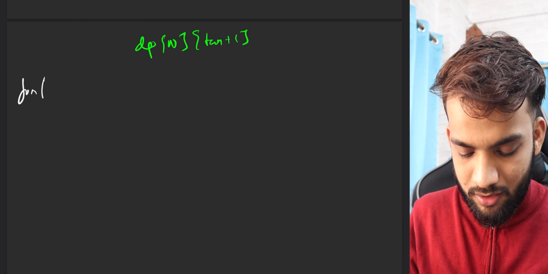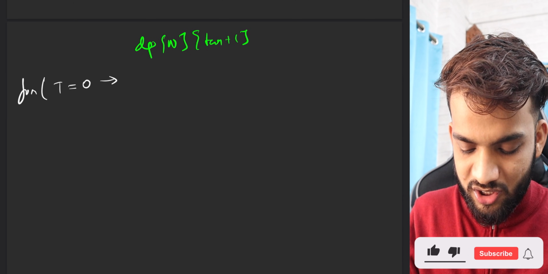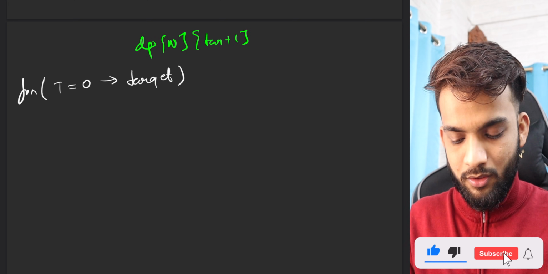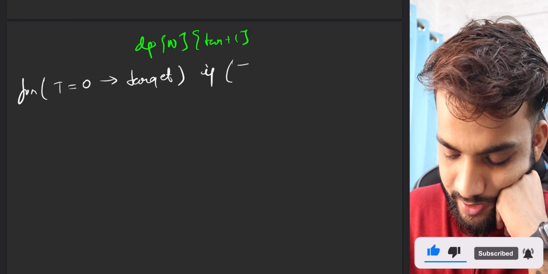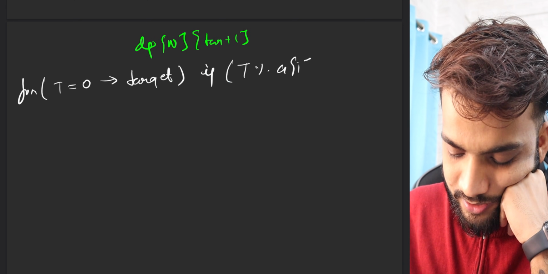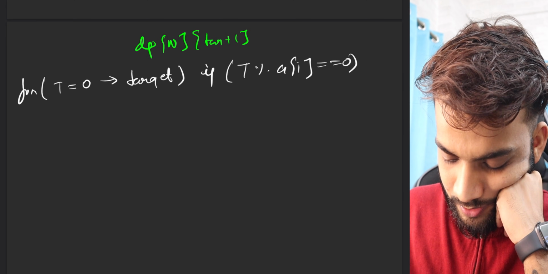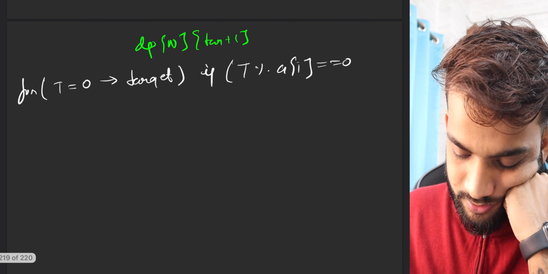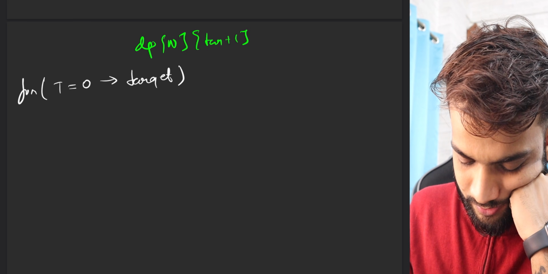For any target from 0 to the original target given to you, if the target modulo a of i is equal to 0, or I can probably write this in some other lines.